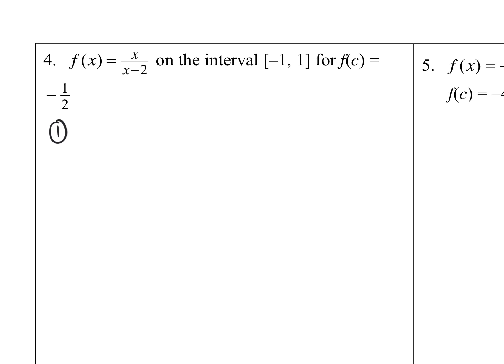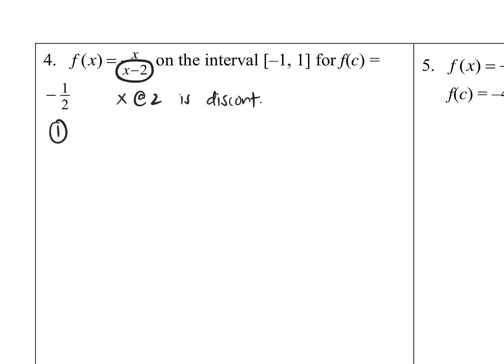So, first thing that we need to look at is, is this function continuous on this interval? Well, when is the only time this function is not going to be continuous? X equals 2. At x equals 2, because on our denominator, right, there is a vertical asymptote there, right? So x at 2 is discontinuous. Does that matter in my interval?